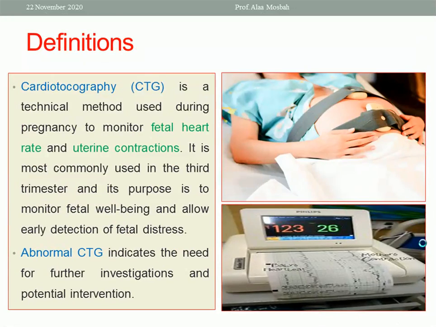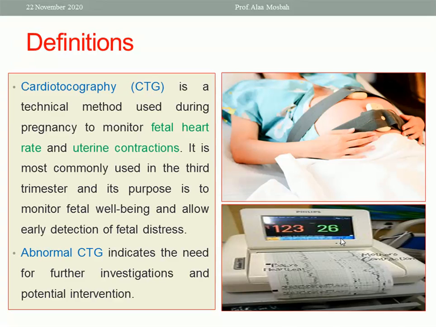So what is cardiotocography, or CTG? As you see in the picture, it is a technical method used during pregnancy to monitor fetal heart rate and uterine contractions. For what? To monitor fetal well-being and allow early detection of fetal distress.